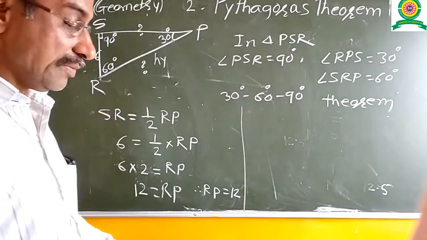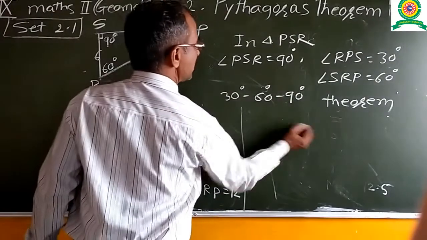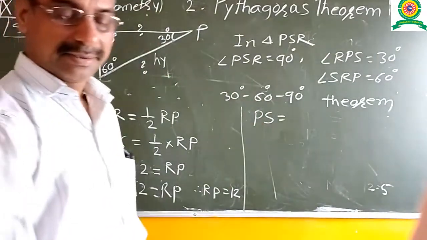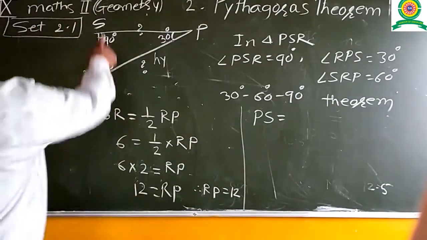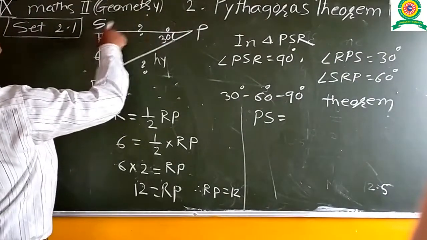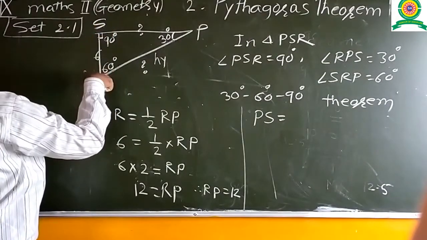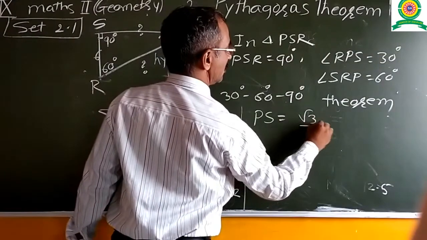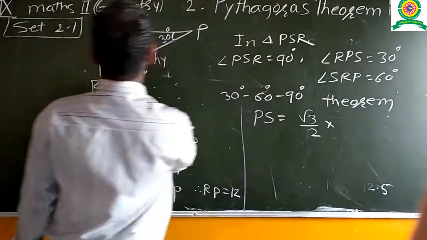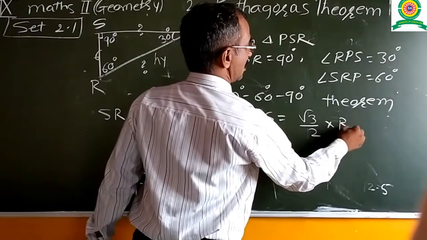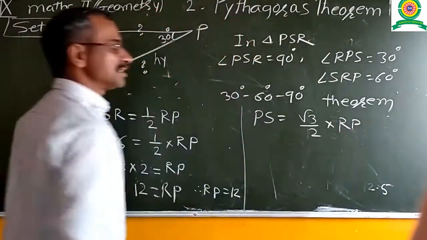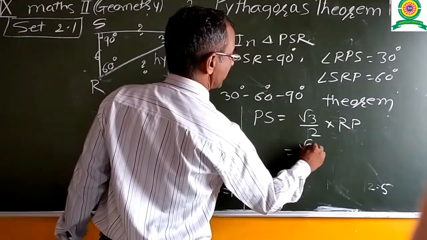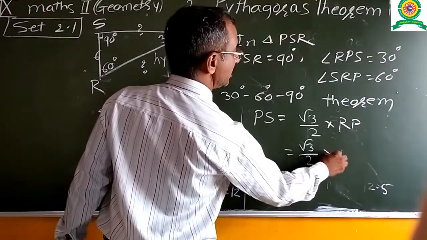Then find the value of PS. Again, by using the 30, 60, 90 degree theorem, the side opposite the 60 degree angle is √3/2 of the hypotenuse. What is the hypotenuse? RP is the hypotenuse. By using this property, we put in √3/2 into RP.